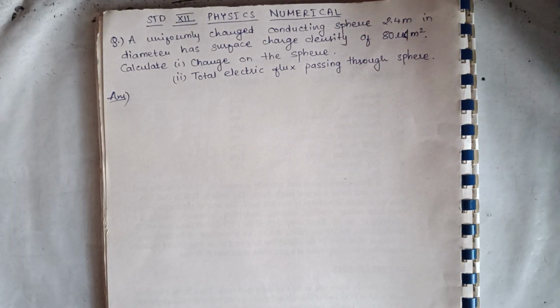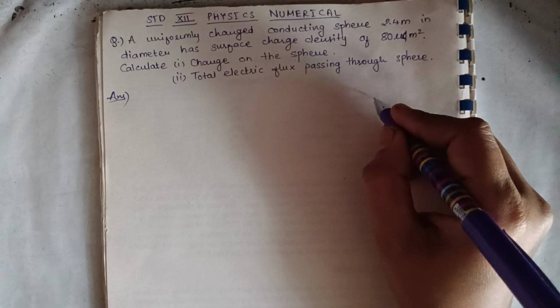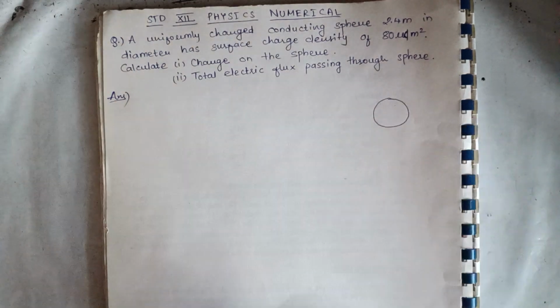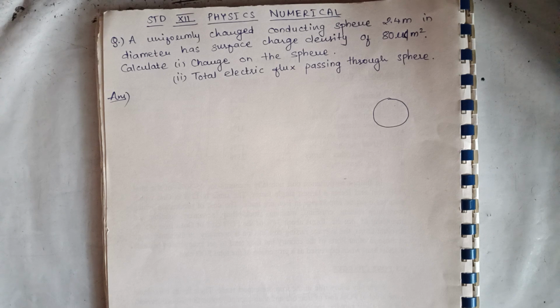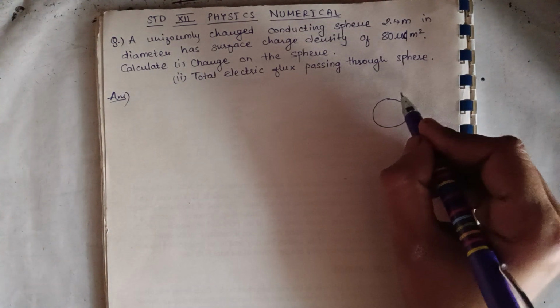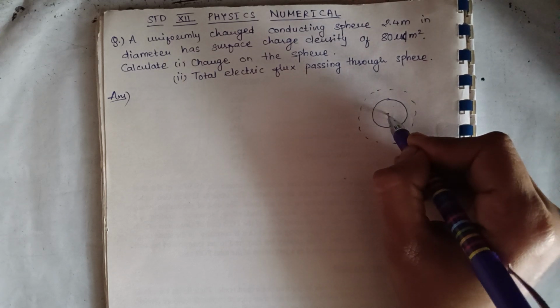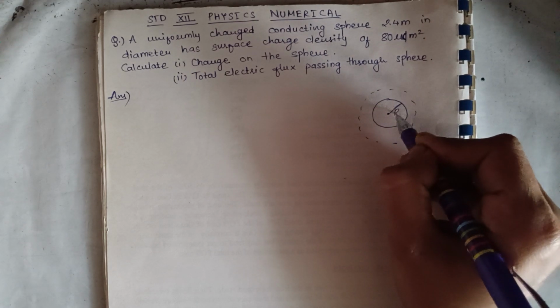Now, if you remember, this is the sphere, and when we have to calculate the electric field, we take a Gaussian surface, right? So the radius of this sphere is, suppose, r.